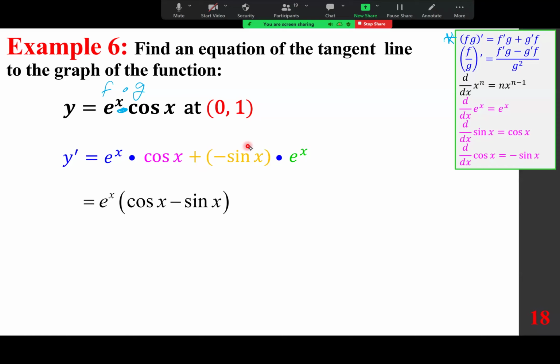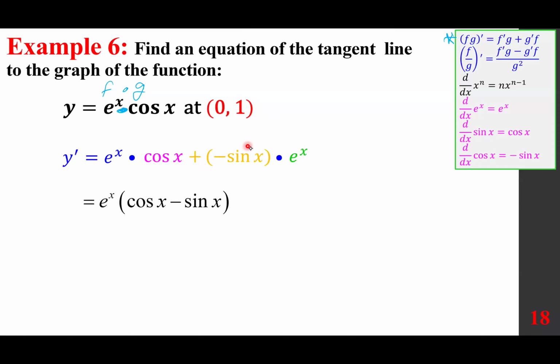Now we are going to plug in. When we plug in, what happens? Let's just make sure we understand this.